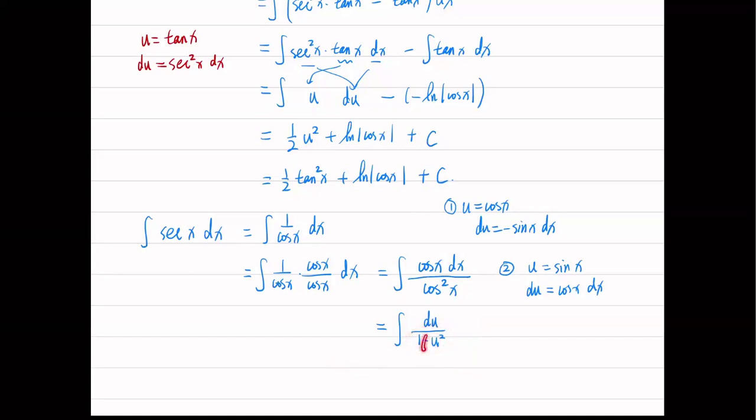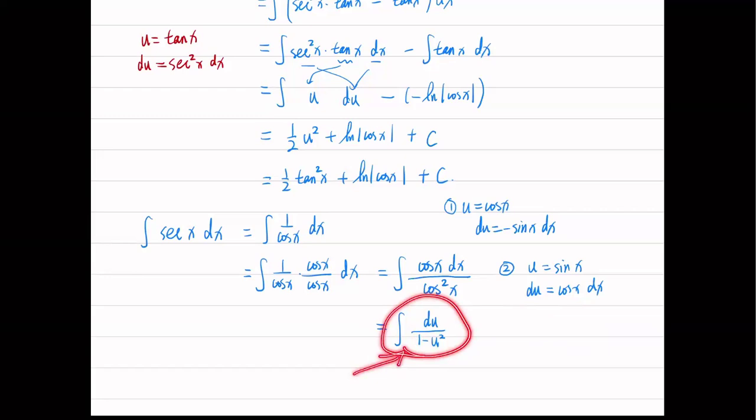If it's plus, what do we have? If it's plus, it will be arctangent. However, we only have minus.